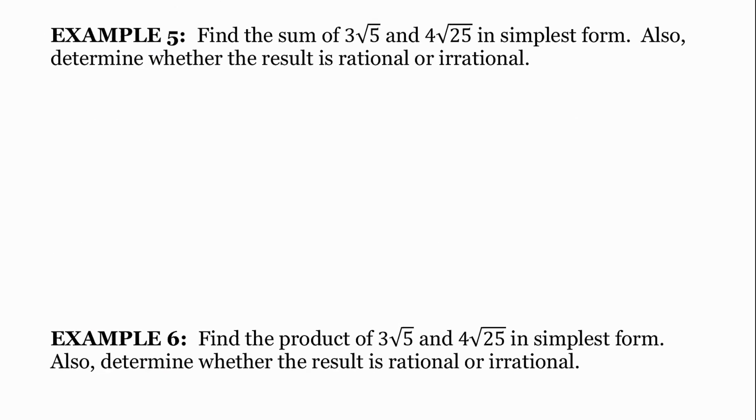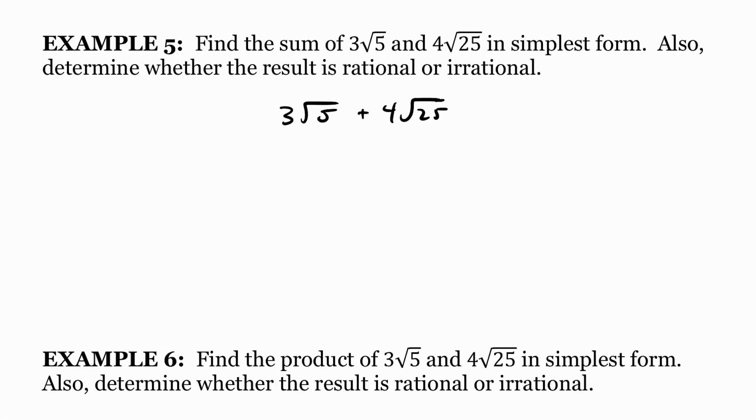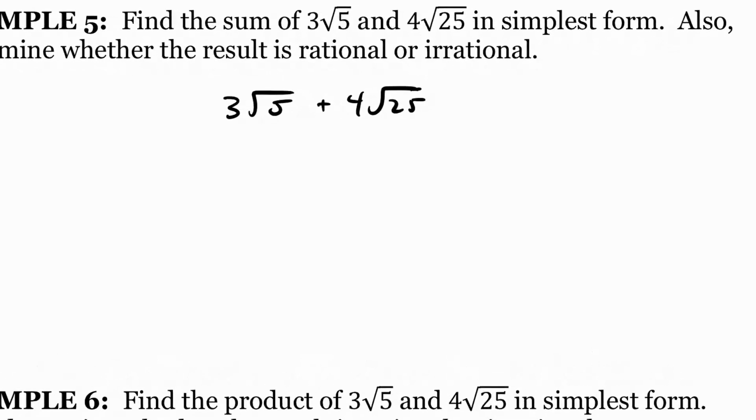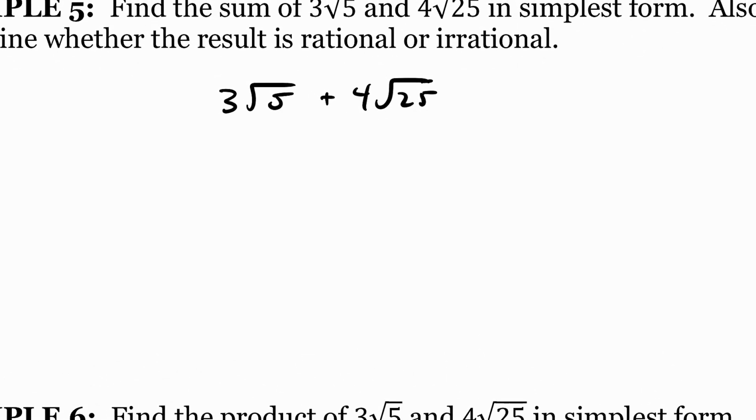Okay, so we have to find the sum. Sum means addition. So I'm going to add 3 root 5 plus 4 root 25. Anytime we're adding or subtracting, the first thing we're going to do is see if we can simplify the radical.